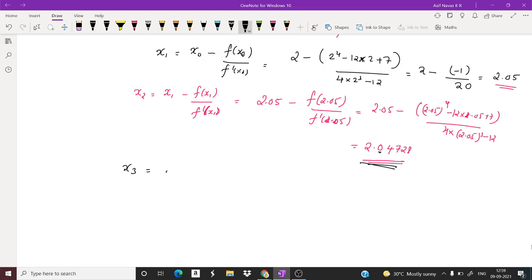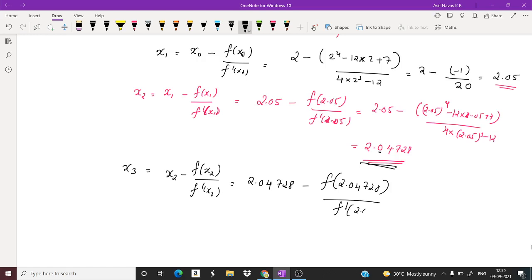So x3 is equal to x2 minus f of x2 divided by f dash of x2. So by using calculator, you can find x2 minus f of 2.0728 divided by f dash of 2.0728.